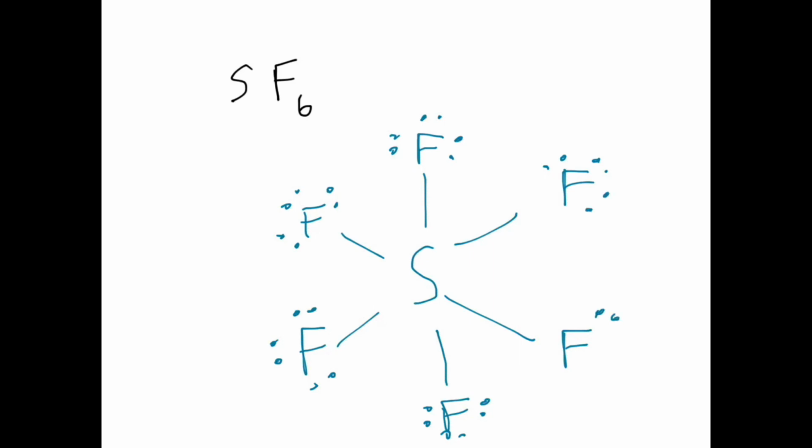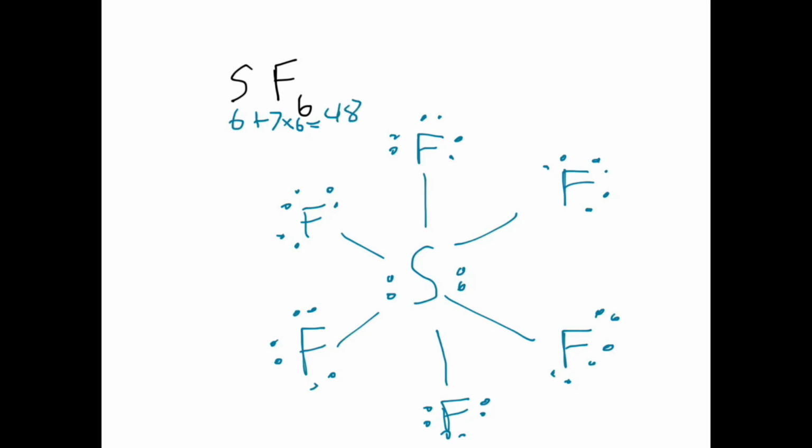Then, because it's violating the octet rule, and sulfur does have a lone pair, we need to count. Sulfur has 6 valence electrons. Fluorine has 7, and there's 6 fluorines. When you add all of that together, you get 48.